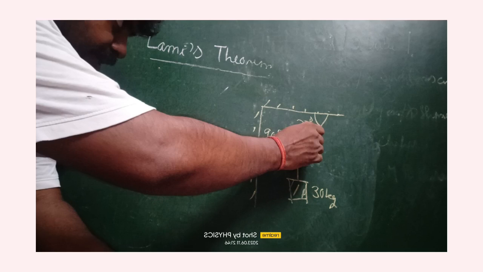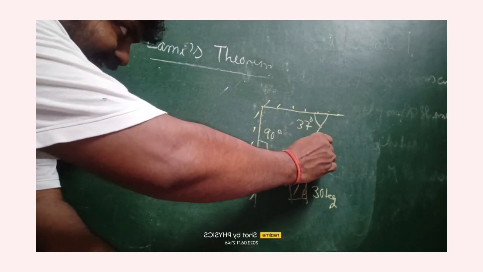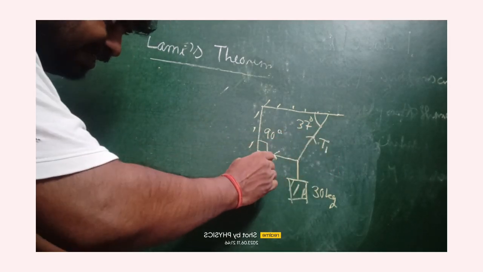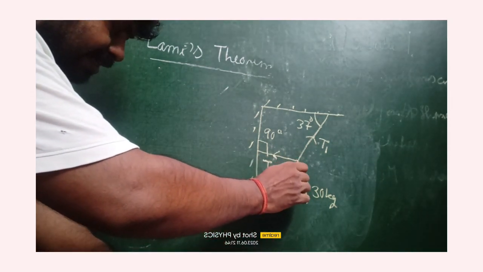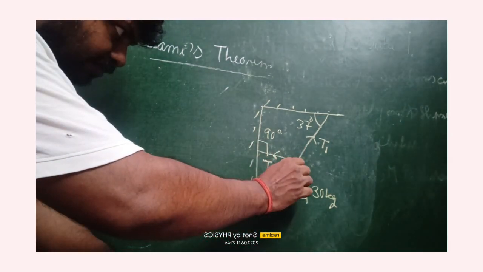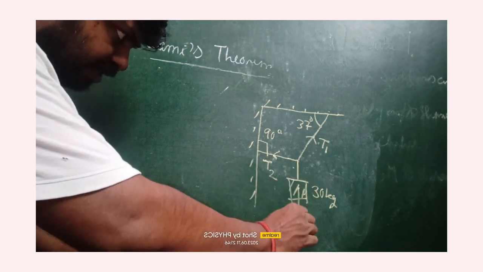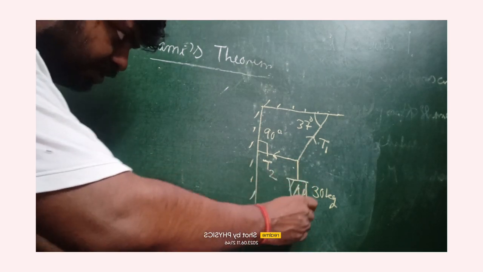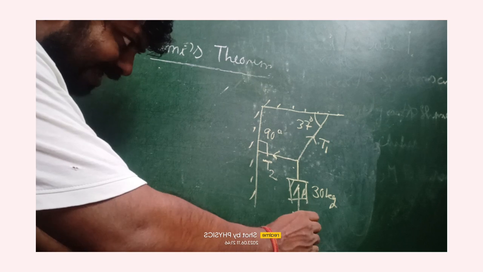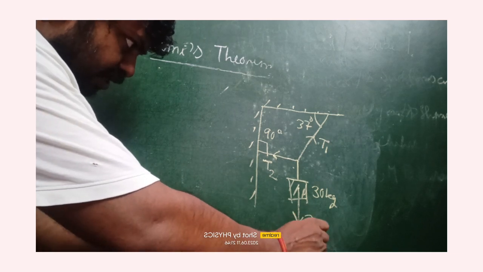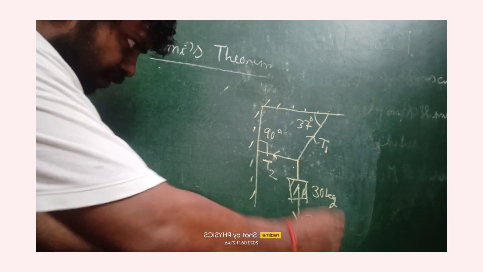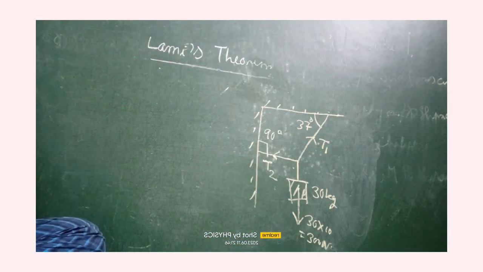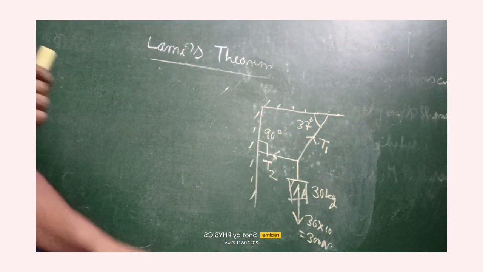Here we consider T1, T2, and T3. T3 is the force here, this is mg. It is 30 into 10, that is 300 Newton. Now find T1 and T2. How to find it?